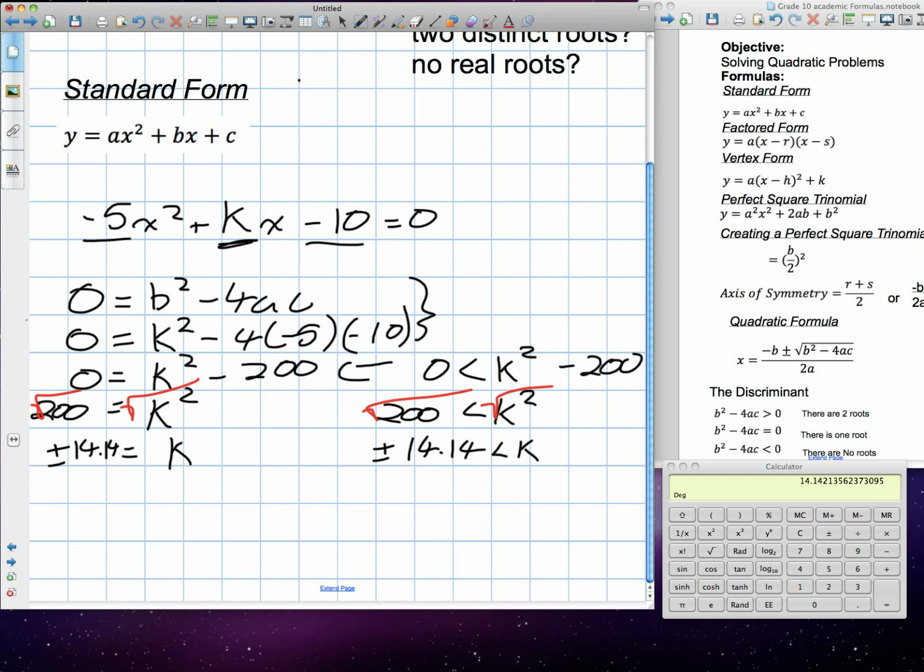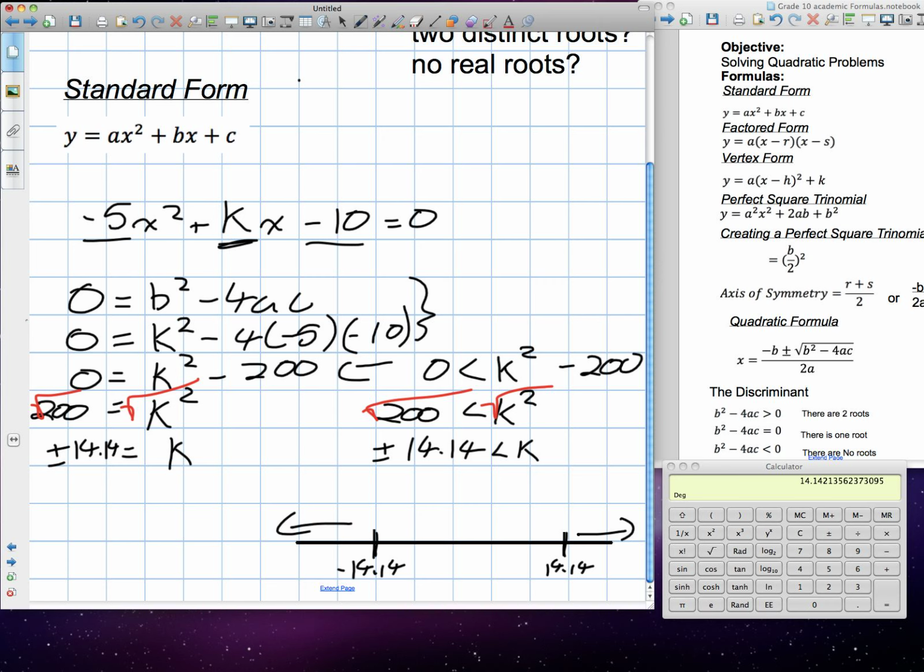Okay, so in order for this to work, I want you to think of the idea of values of k. We need our values of k on a number line, and it's going to look like this. The values need to be either, and this is an absolute value, greater than 14.14 to create a positive number, or less than negative 14.14 to create a positive number that's larger than 200.